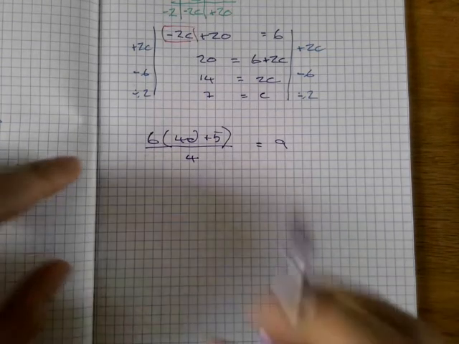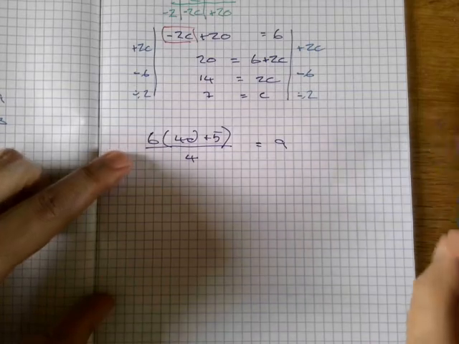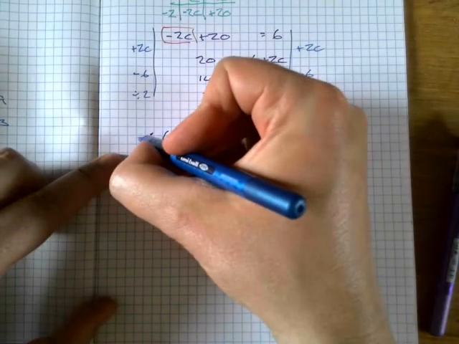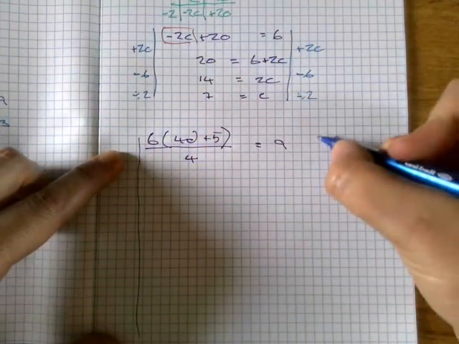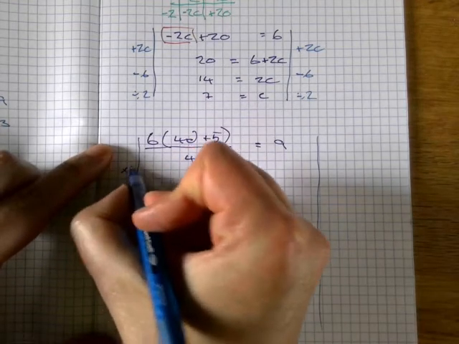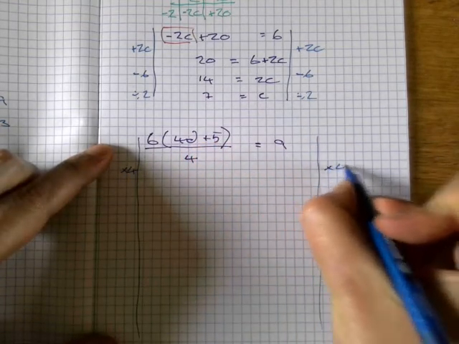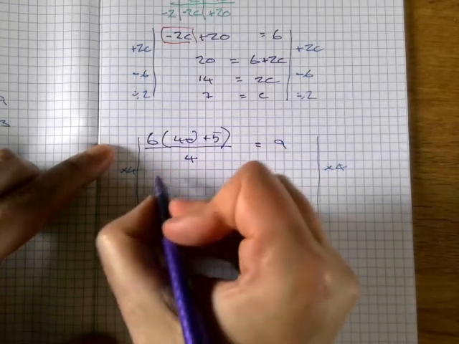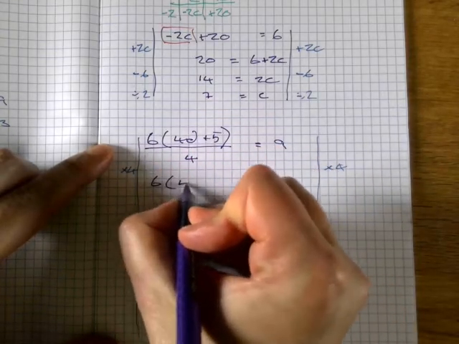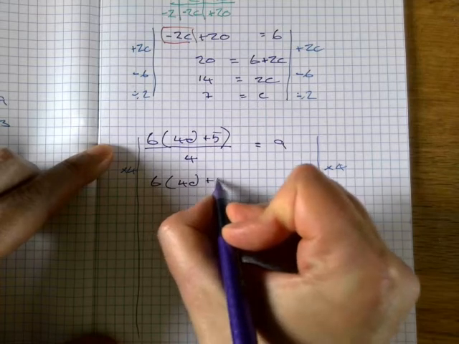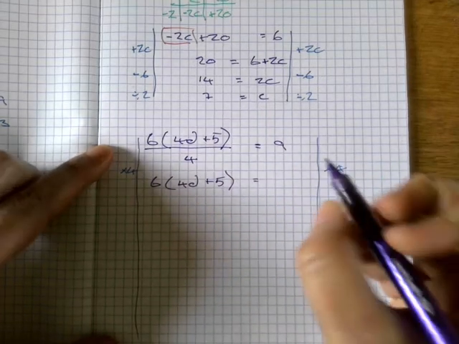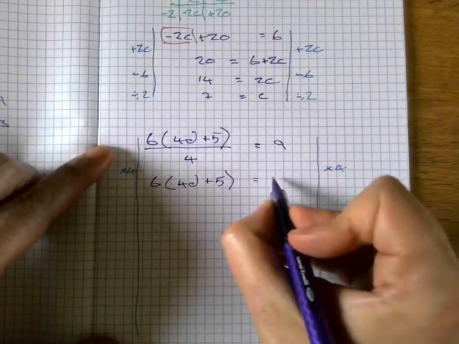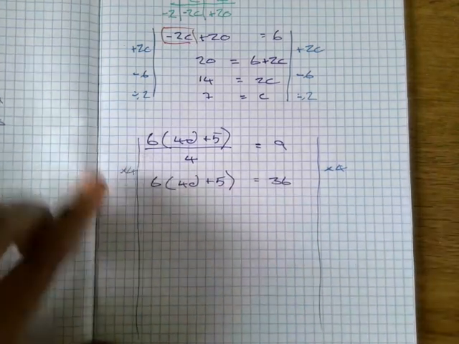And to do that, I'm going to multiply both sides by the denominator. So my first step here is going to be to times both sides by 4. That leaves me with just the numerator part of the fraction, 6, and then in brackets 4d plus 5, and now I've got to multiply 9 by 4, which is 36.